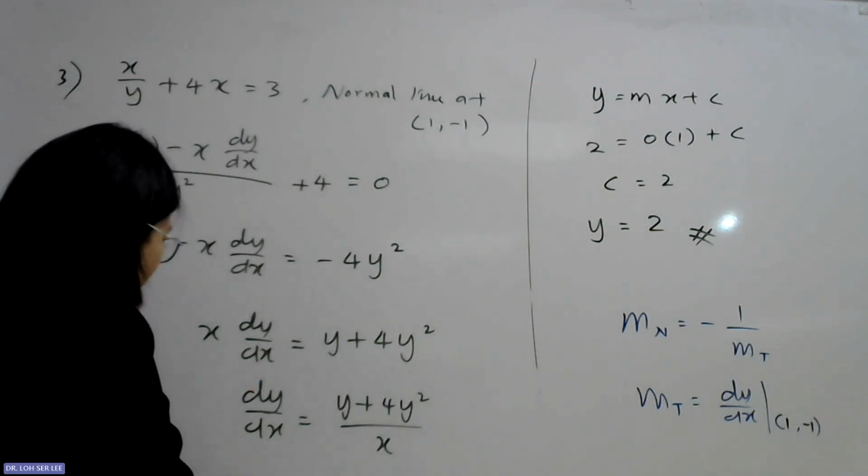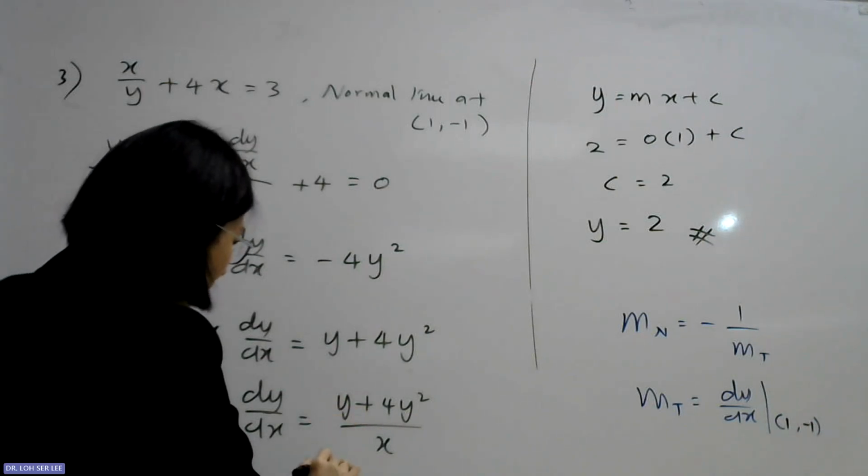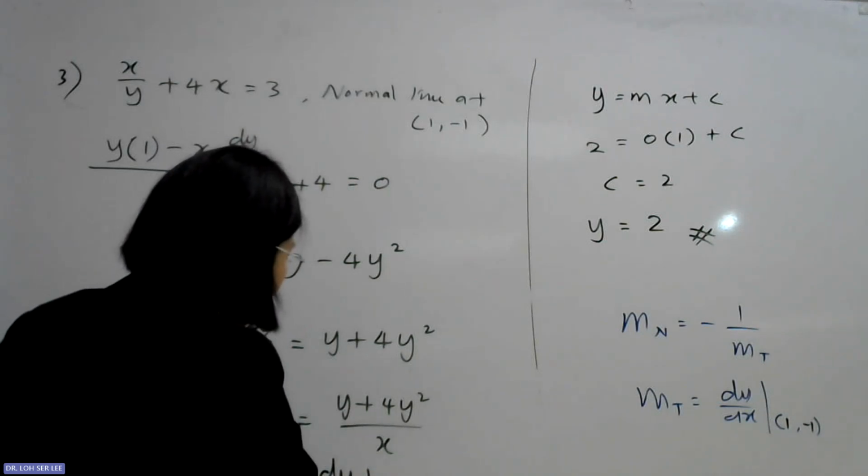So your m_T will be this one, dy/dx, where (x, y) is (1, negative 1).